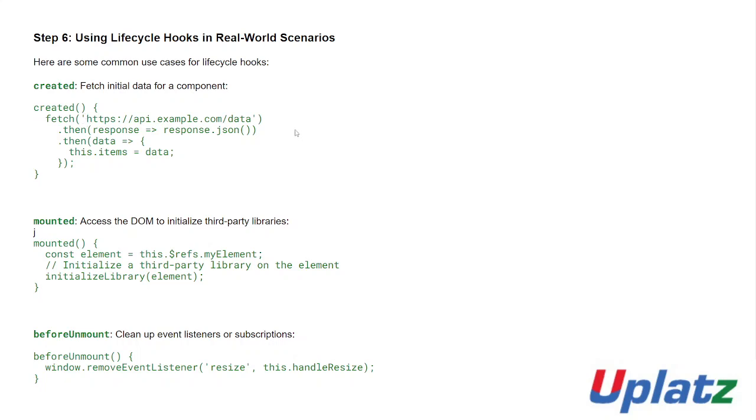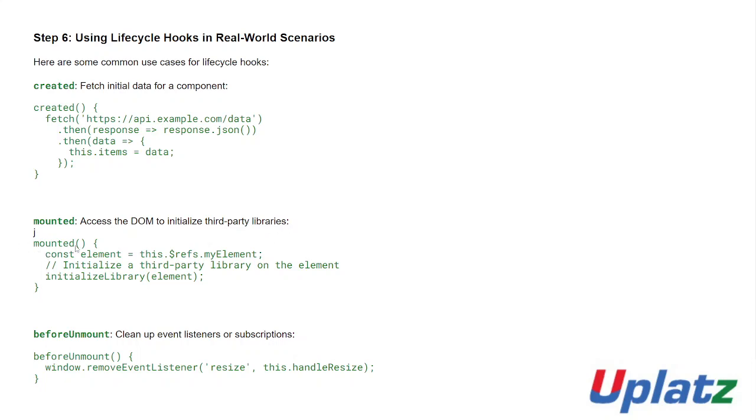Fetch within bracket https://api.example.com/data, then response arrow response.json, then after that data, this.items is equal to data. This is how created is used to fetch initial data for a component.